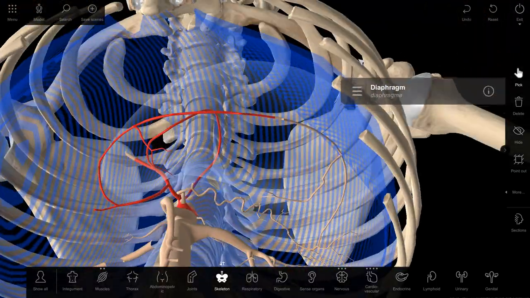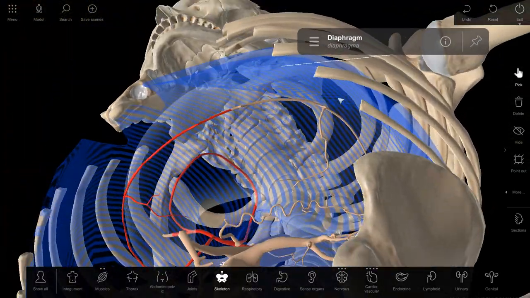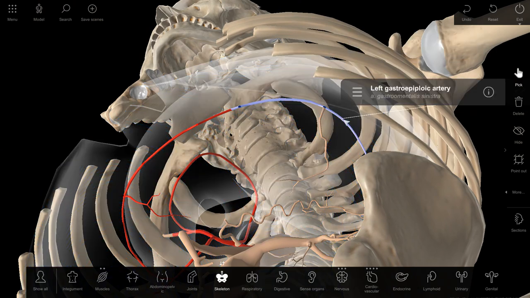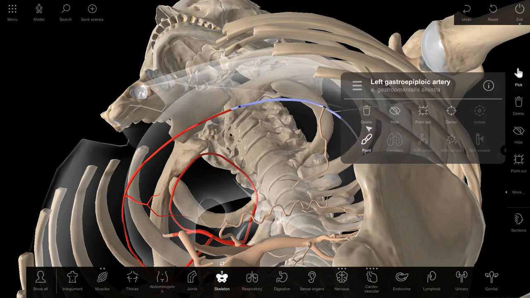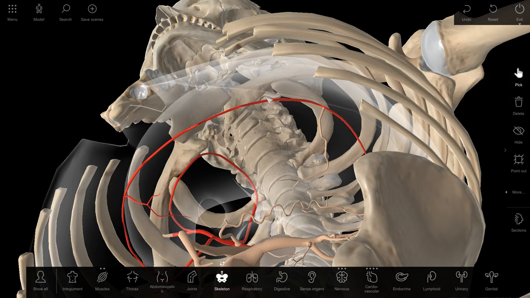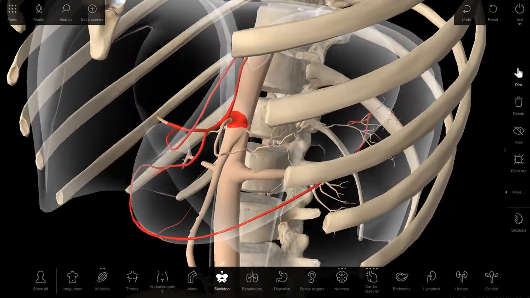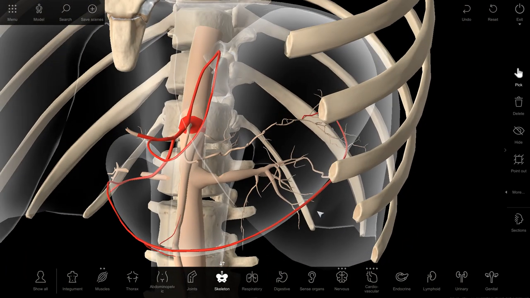To find this branch, we need to colorize it. Here it is. Arteria gastroomentalis sinistra, or left gastroepiploic artery. It is branch of splenic artery, of third branch of celiac trunk.